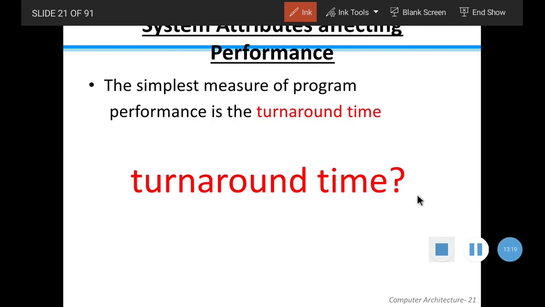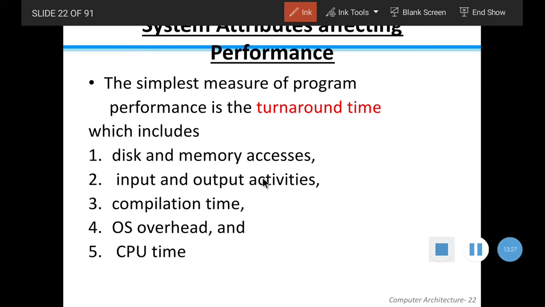So we are measuring the performance by turnaround time, which includes disk and memory accesses, input and output activities, compilation time, OS overhead, and CPU time. These all are involved in the turnaround time.